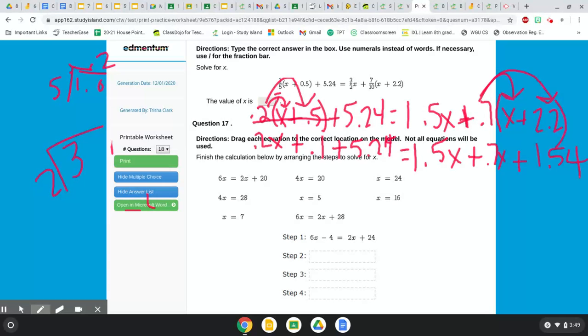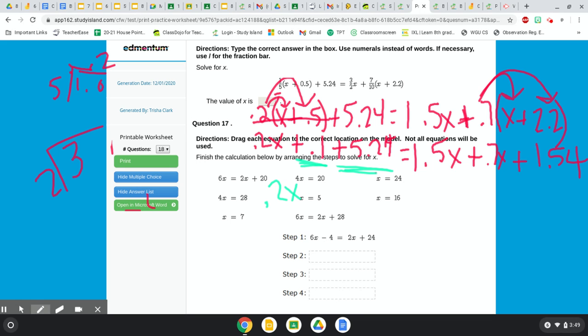Next is to combine like terms. So that's where I go to each side. I'm looking at my left-hand side, and I have a positive 0.1 and a positive 5.24. Well, I'm not using that 0.2x, so I'm just going to bring that down, but I'm going to combine these two like terms.